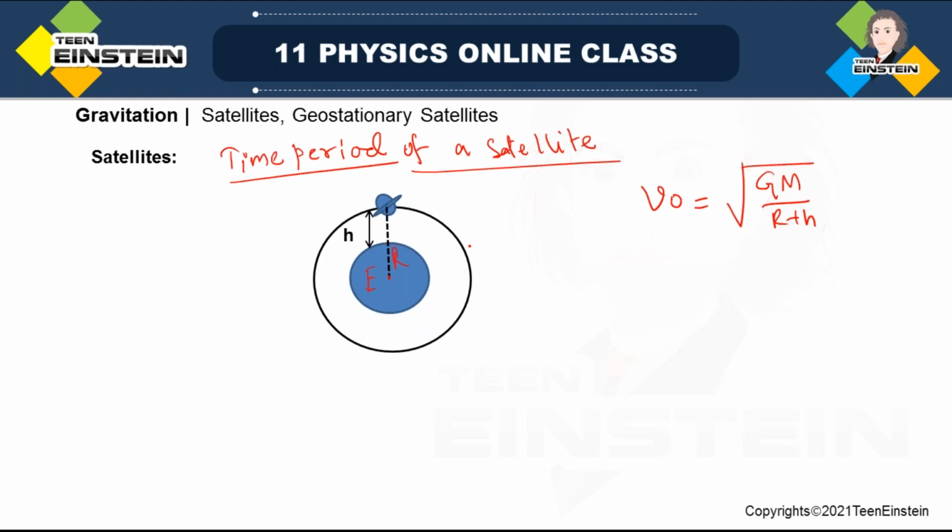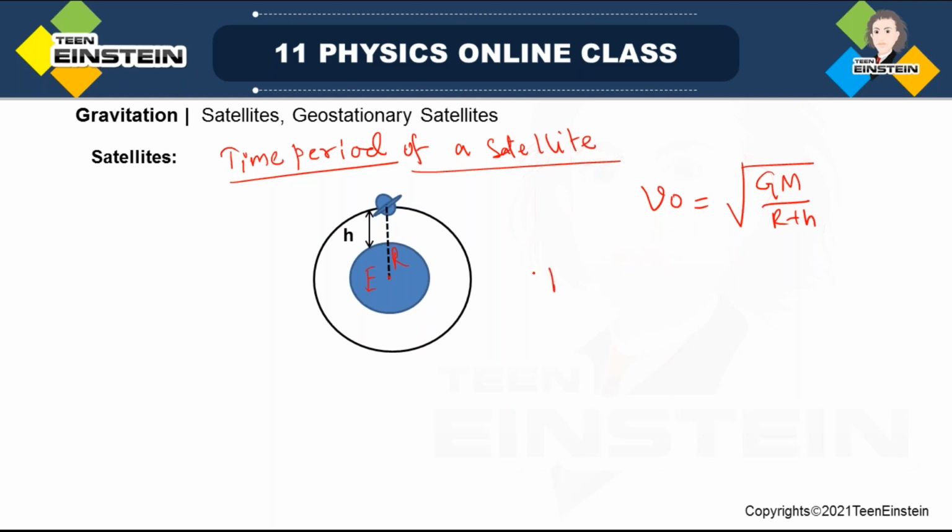Now see, what is the time period of revolution? That means the time it takes to have a complete rotation around the earth, and it is to be noted that we have taken a circular orbit for our calculation's sake.